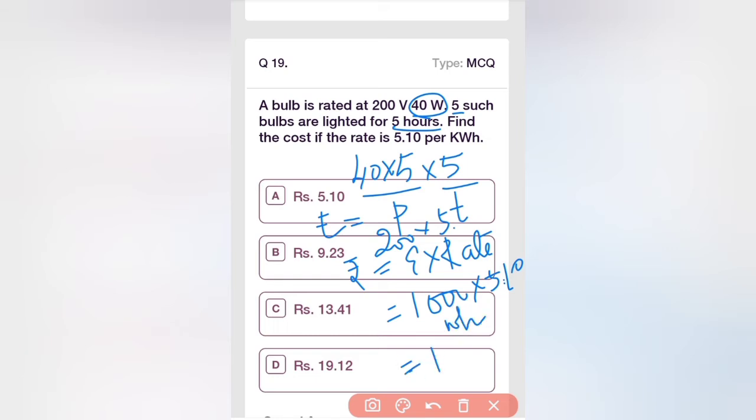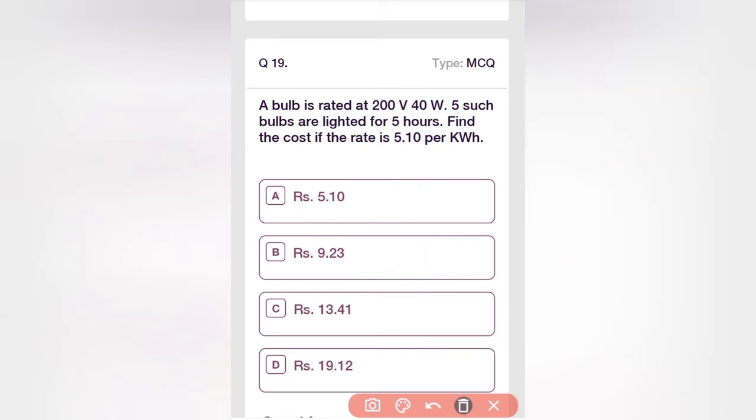So it is 1 kilowatt hour. 1 kilowatt hour into 5.10 per kilowatt hour. So the answer is 5.10. Option A is the correct answer. That will be the cost.